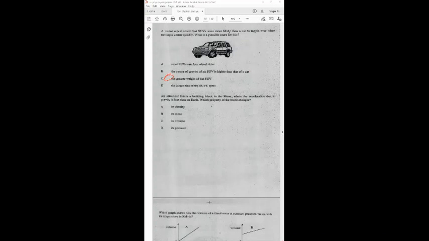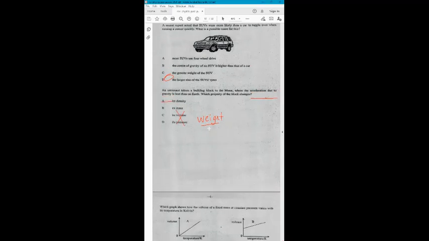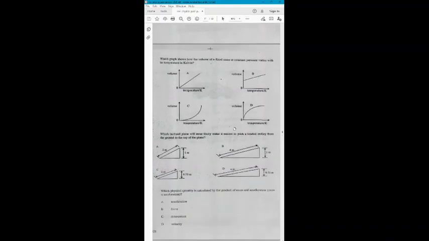No, that should say weight. That's what depends on the acceleration due to gravity. Okay? Yep, sometimes we have mistakes. Happens. Of course, that will be worked out for you. So you just choose the best answer and move it along.